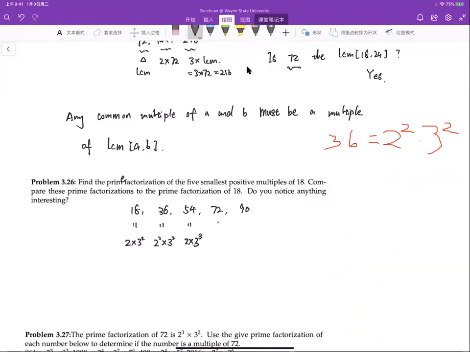Then let me write down 72. Oh, so anyone wants to do 72 and 90? Okay. William.